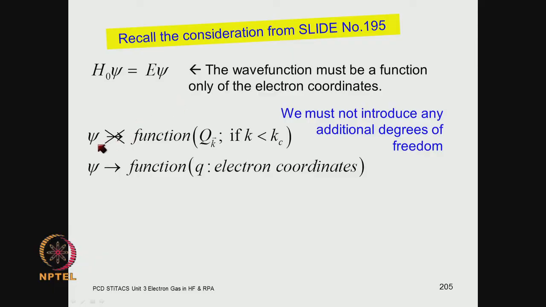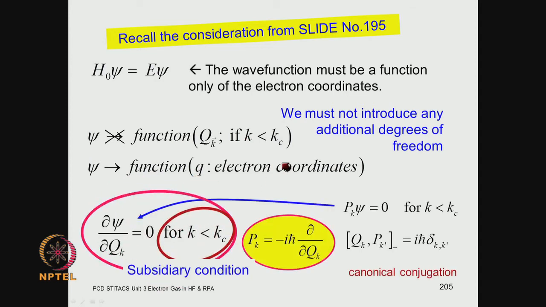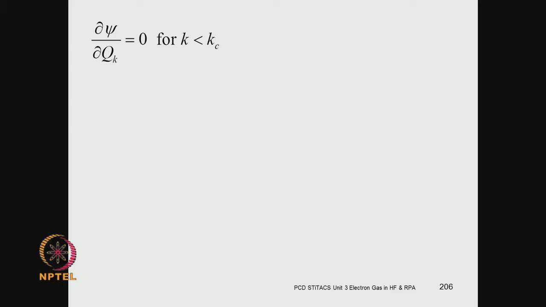We therefore concluded that this wave function would not be a function of q if k is less than k_c, right, because no additional degrees of freedom are to be introduced, and that gave us the subsidiary conditions that p_k operating on psi gives a 0, and this was something that we have really exploited. Which means that the derivative of the wave function with respect to the auxiliary coordinates q vanishes.